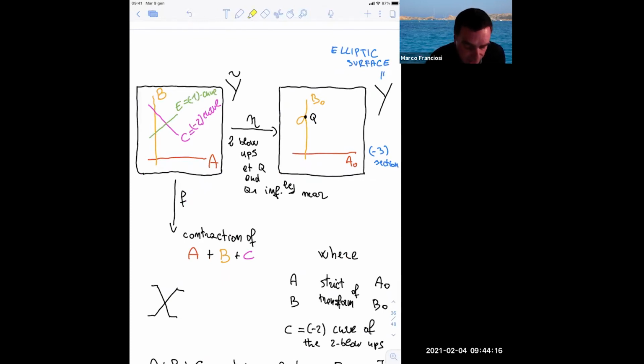So now change the name a little bit. Now B0 is the fiber that we blow up twice. And we have this -1 curve, which appears on Y tilde.